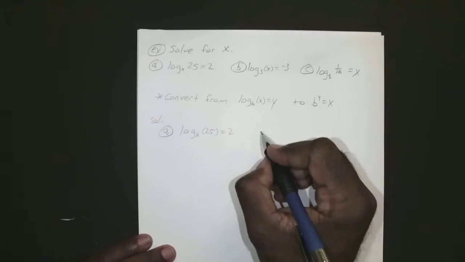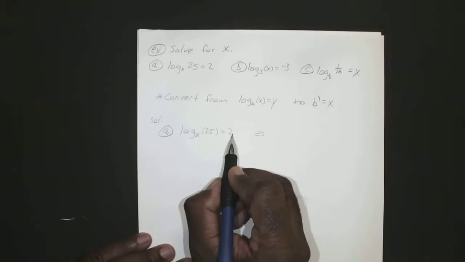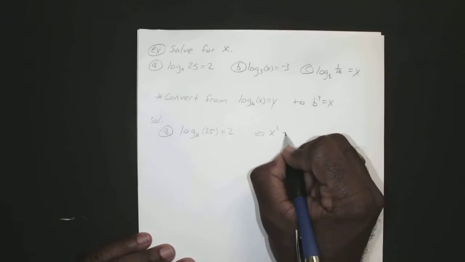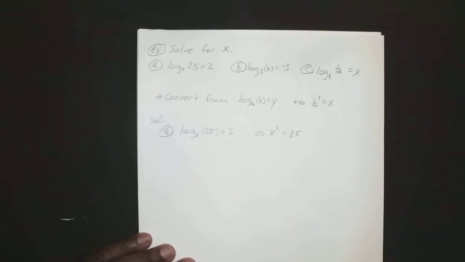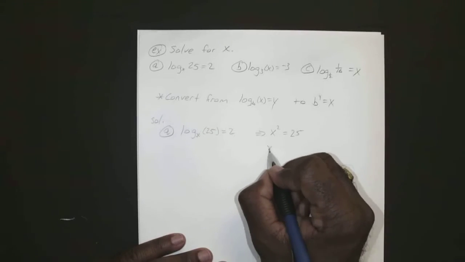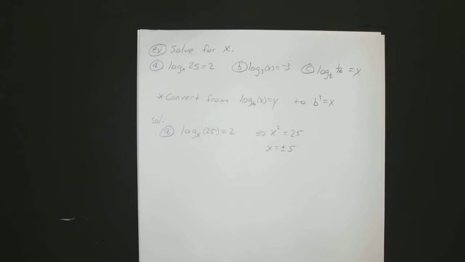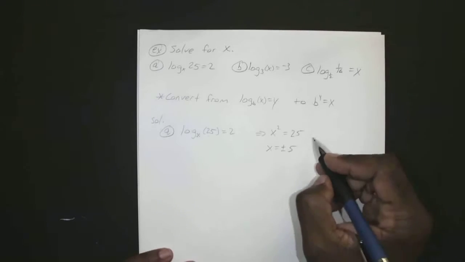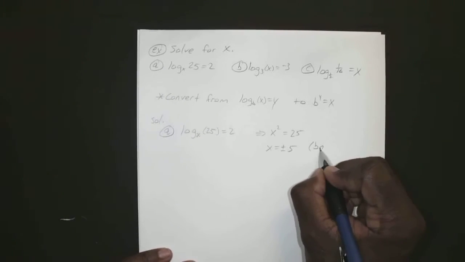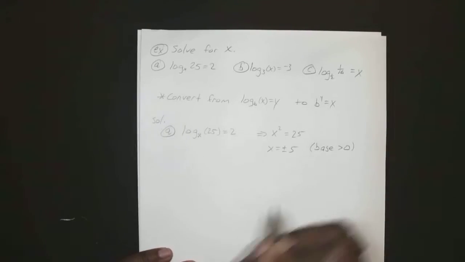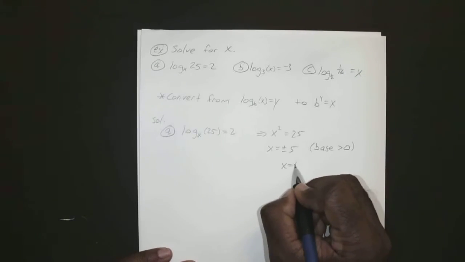We know this is your base squared equals 25. If we square root both sides, we know x is equal to plus or minus 5. But remember, one of the stipulations for the base is it has to be greater than 0. So x equals 5 is your only solution there.